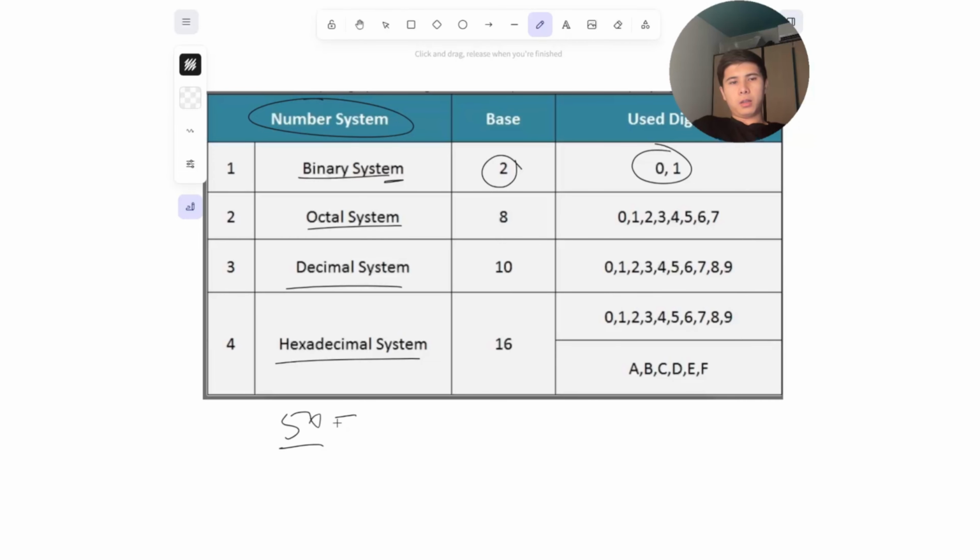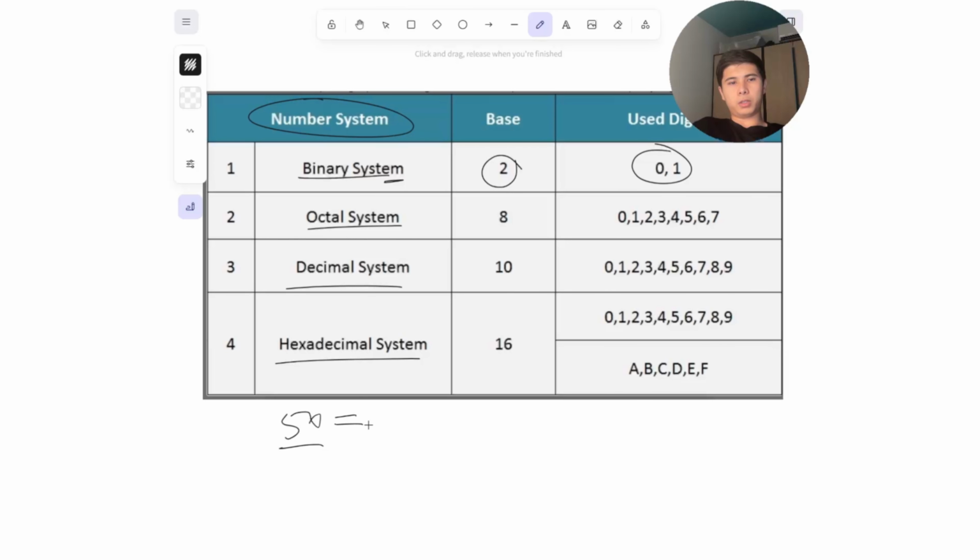Firstly, is this number exactly equal to a power of 2, like 2 to the power of 2, maybe 2 to the power of 5, and so on? And the second question is, can the number be represented as the sum of different powers of 2? We have to split this number mathematically.